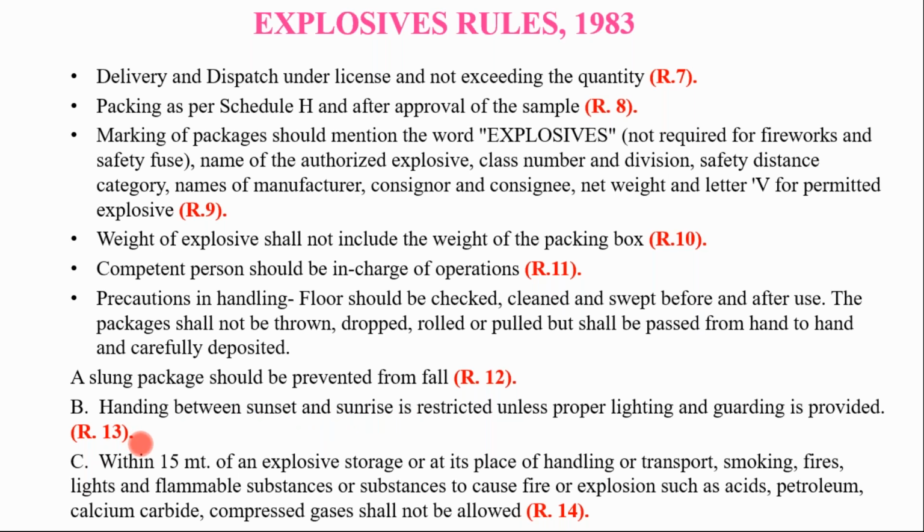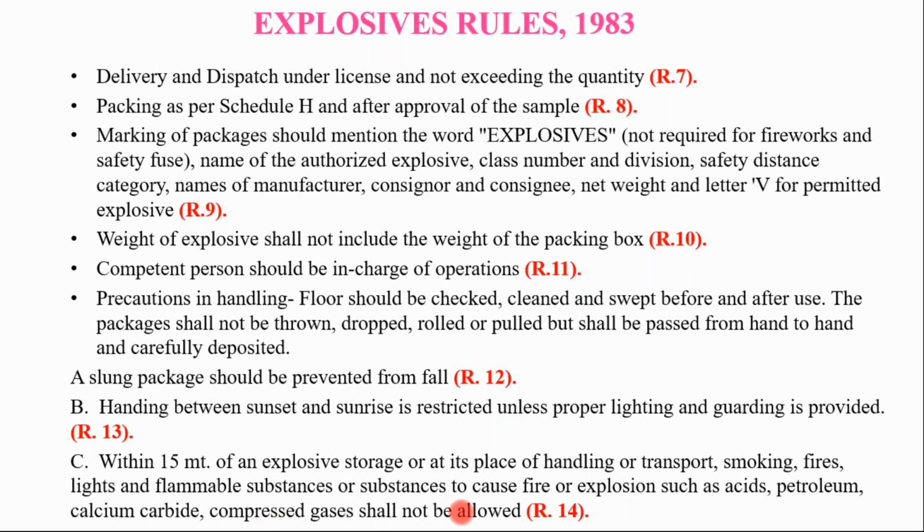Then rule number 14 gives you the idea regarding the 15 meters. Within 15 meters of an explosive storage or its place of handling or transport, smoking, fires, lights and flammable substances or substances that cause fire and explosion, such as acids, petroleum, calcium carbide, and compressed gas, shall not be allowed.